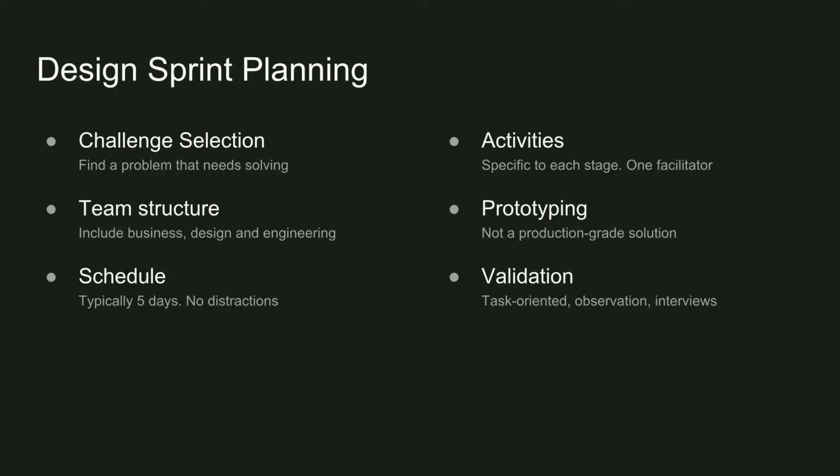And then there's a lot of observation, and everybody has to be there. Everybody who participates in the design sprint should be able to observe the user. There are some logistic problems with that if your users are remote. Ideally, you have them in a controlled space, and you can see them actually interacting with your prototype.